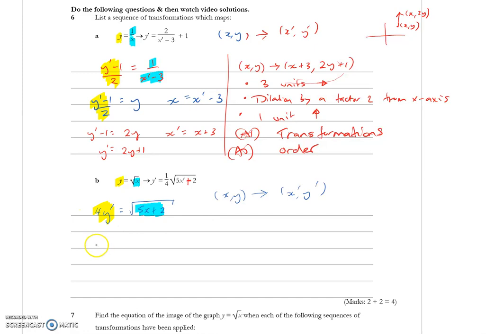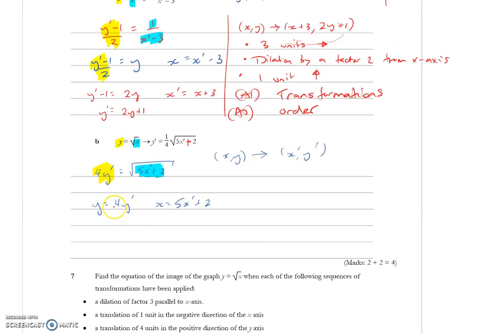So now I equate things. I say y is equal to 4y' and x equals 5x' plus 2. Rearranging to solve for y', we get y on 4, and rearranging for x', we get x minus 2 over 5 is x'.